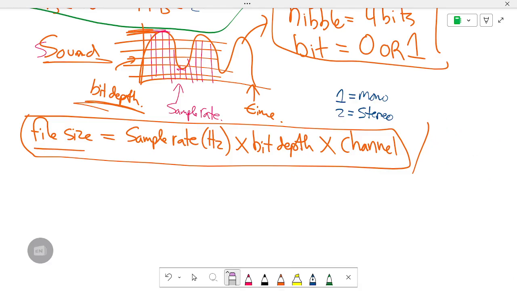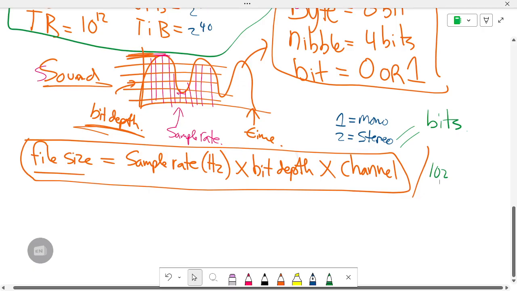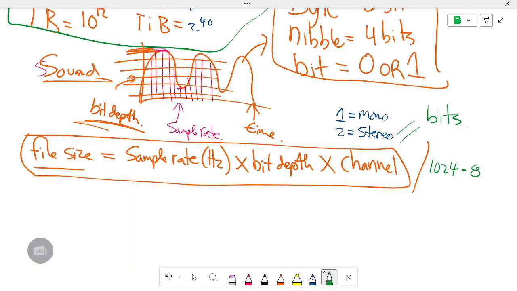If this is equal to the bits and you want kilobytes, it's going to be 1024 times 8. Why do I have to multiply by 8 there? What does the 8 represent?